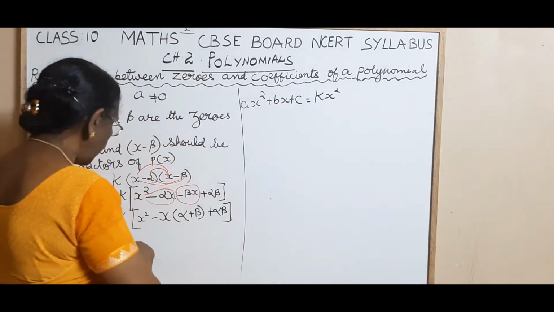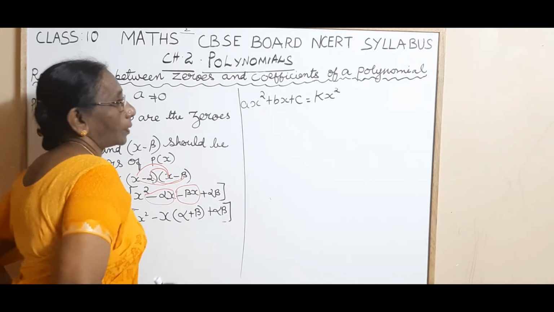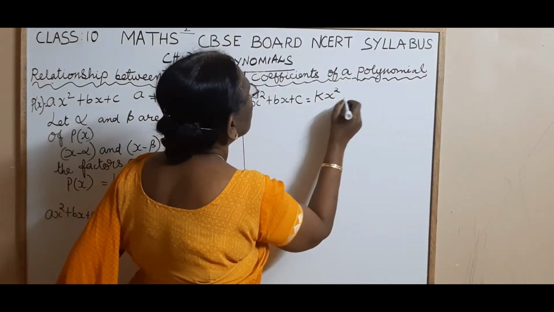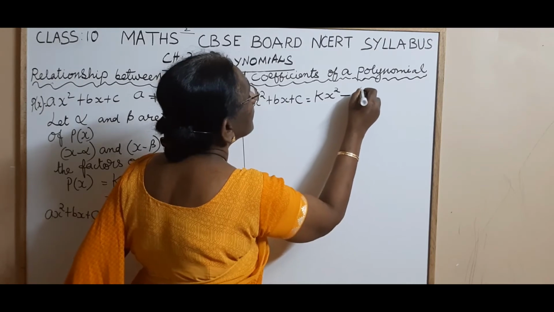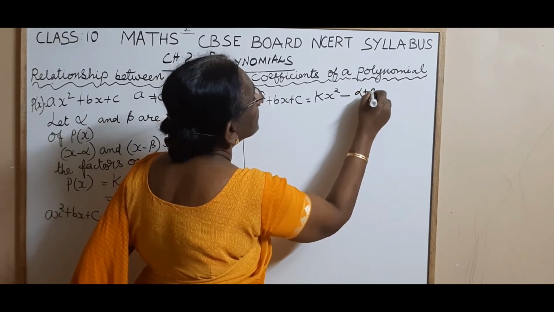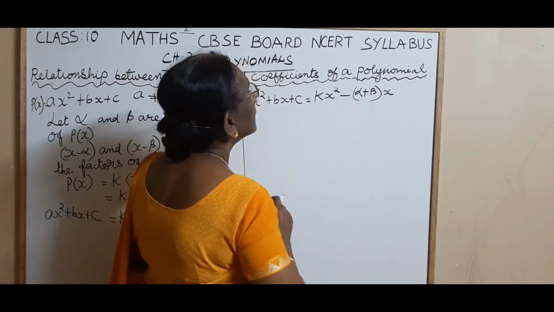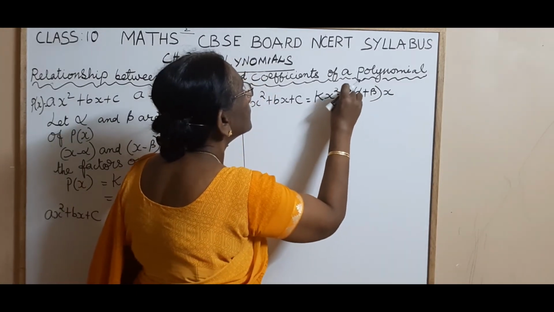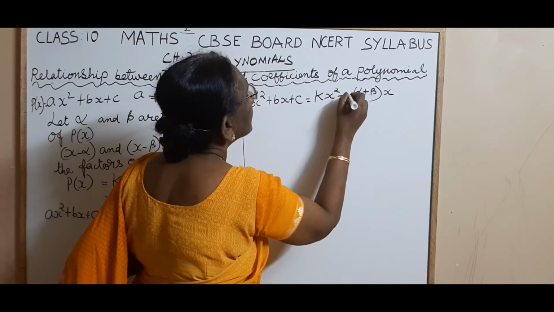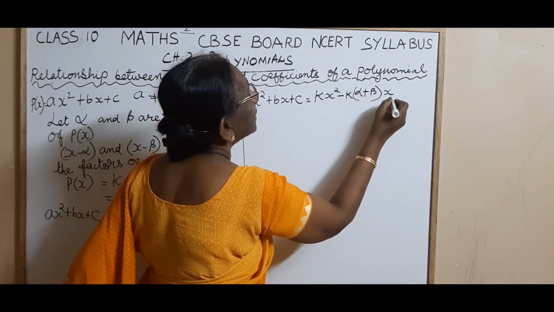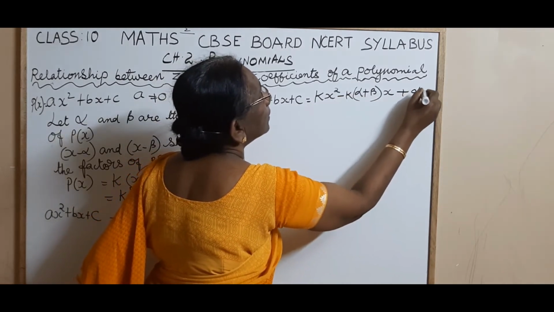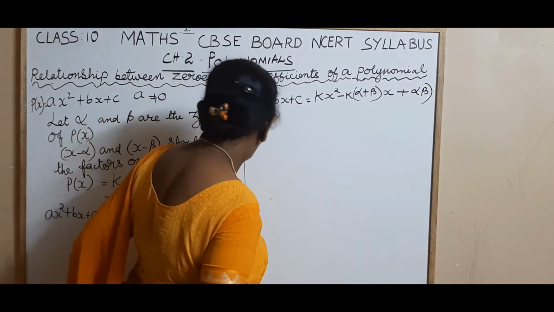Let us multiply each term by this one. Kx squared minus k into alpha plus beta into x plus k alpha beta.